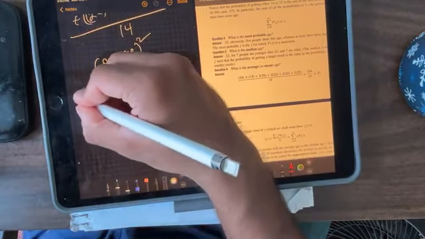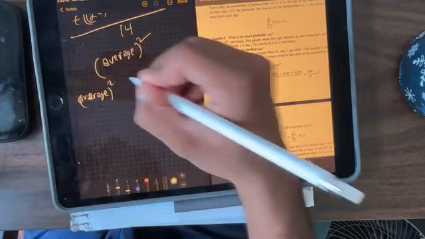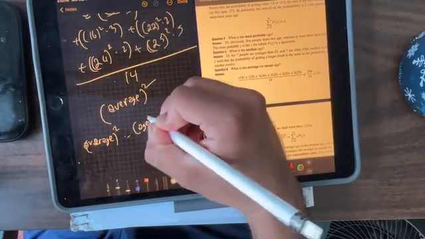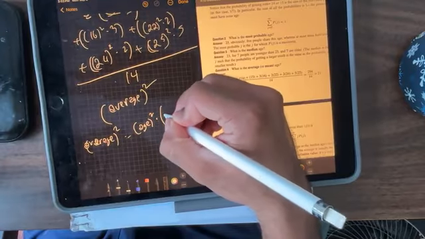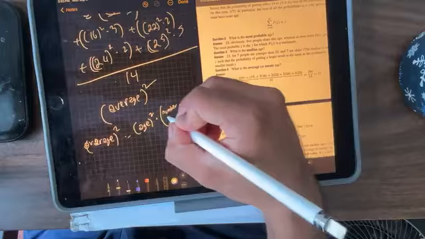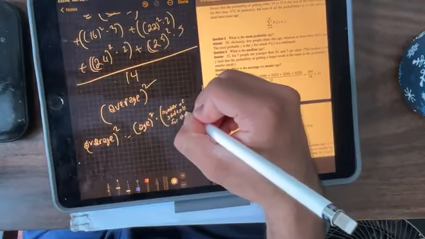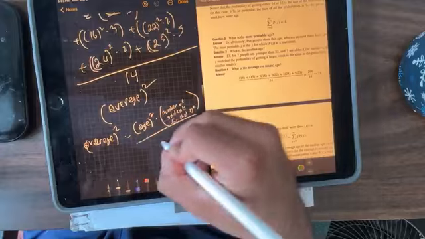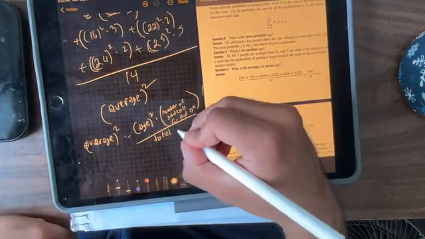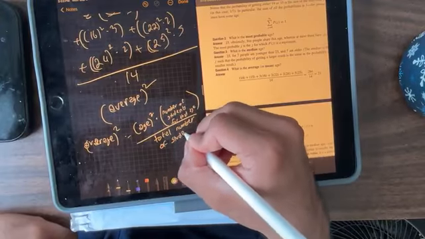So to calculate average square, it is simply age squared times the number of students for that age, divided by the total number of students.